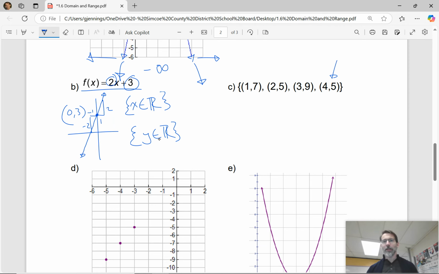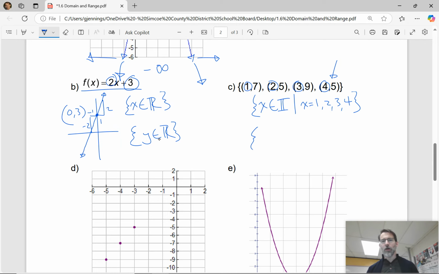This one here, yes, it's a function. I can tell that because all my x values are unique. I would say x is of the integers here, such that x equals 1, 2, 3, and 4.